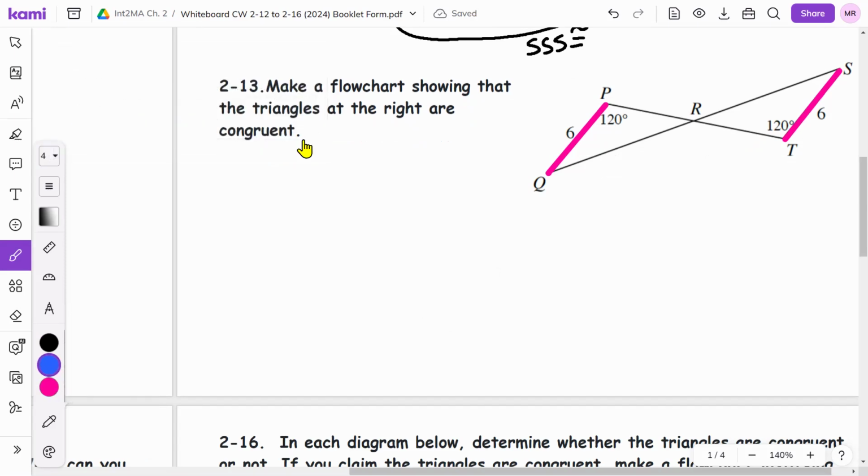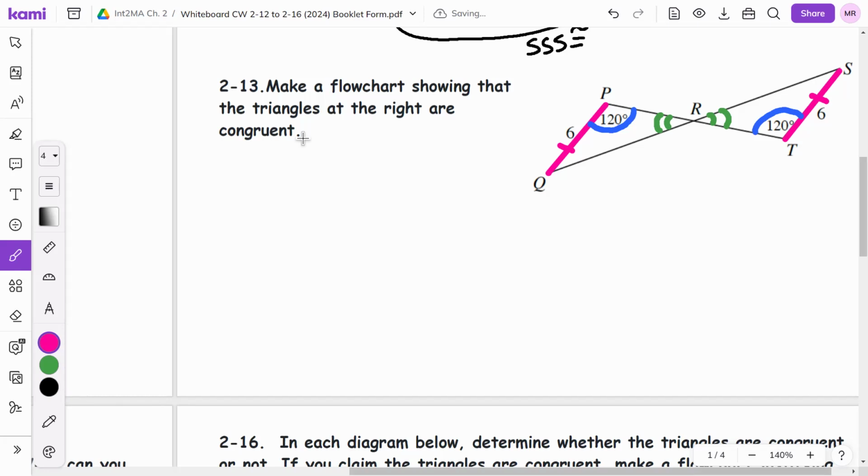I have this angle here, that's 120 at P, and this angle here, that's 120 at T. Now, they did not mark it, but I know that this angle here is congruent to this angle here because of vertical angles.